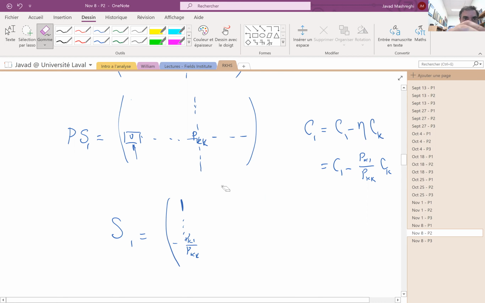Everything else is 0, and on the diagonal equal to 1.